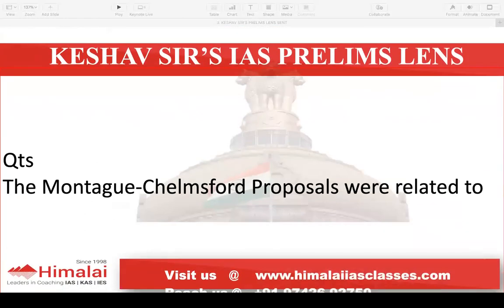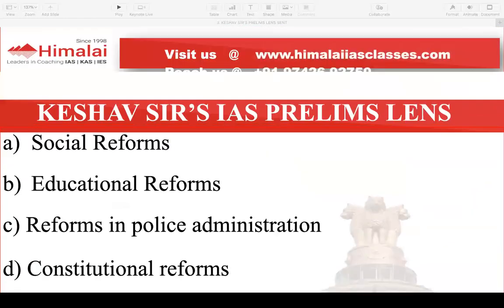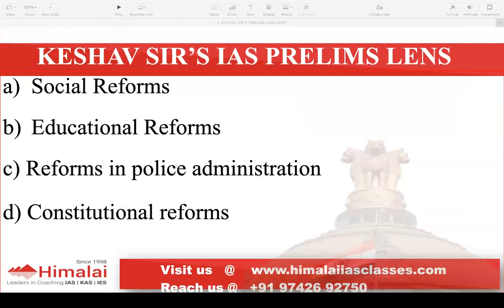Next question, the Montagu-Chelmsford proposals were related to A, social reforms, B, educational reforms, C, reforms in police administration, D, constitutional reforms. Here we have to know Montagu-Chelmsford reforms in 1919 is related to the constitutional reforms because it talks about preamble, it talks about diarchy, it talks about reserved list, transferred list, and how subjects are being divided between center and provinces.